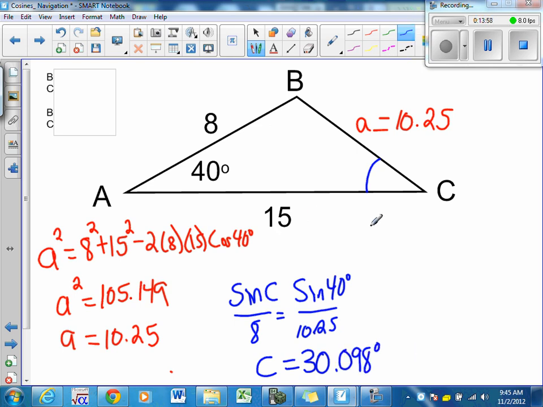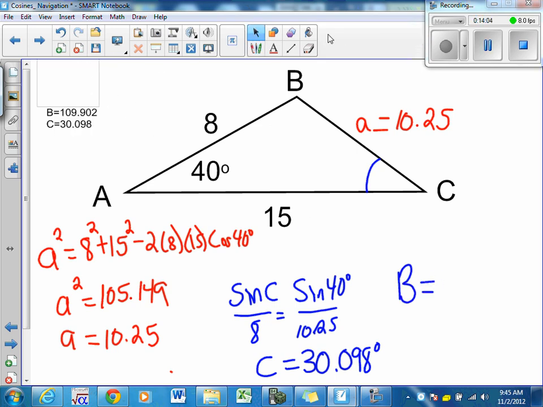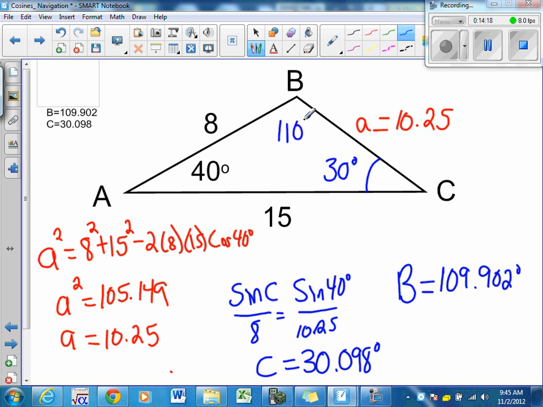And then if you do that and subtract it, you get your B to be 109.902. So this is, let's just say 30, 110, kind of round it off.